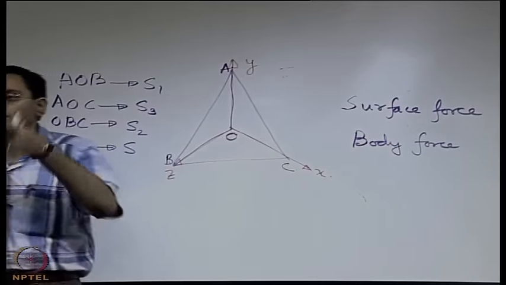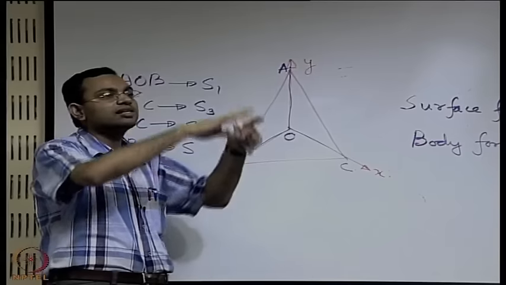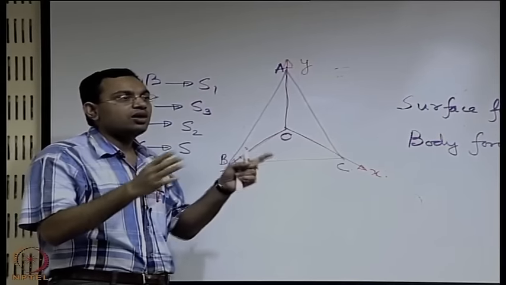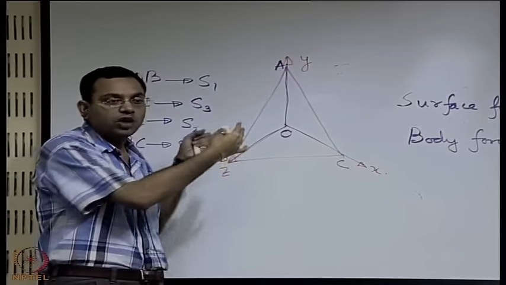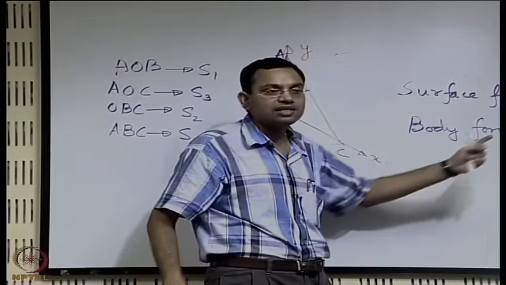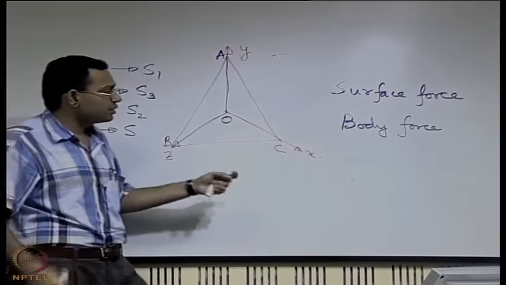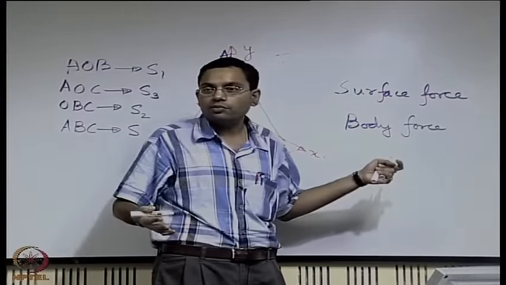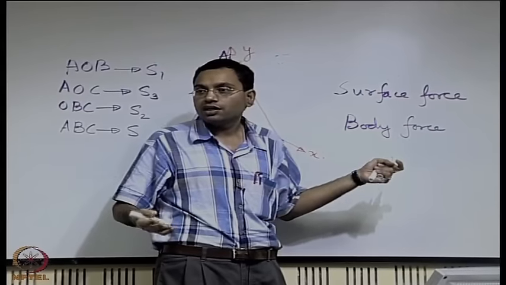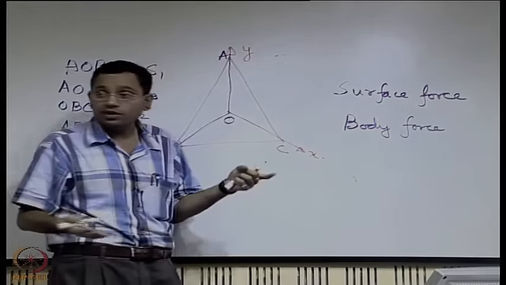When you say surface force, it means forces which are acting on the surface or surfaces comprising the volume element chosen, and body force is a force which is acting over the volume of the body. One of the examples of body force is the gravity force which acts throughout the volume of the body.